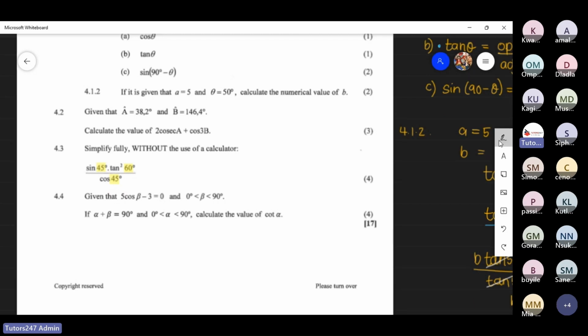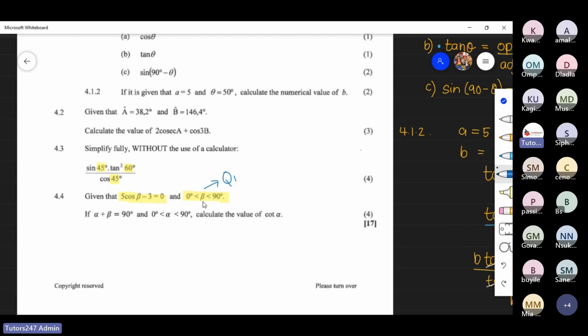So there's two important pieces of information here. This equation of 5 cos beta minus 3 equals 0, that is important. Beta is between 0 to 90. What that means is that beta is within quadrant 1.